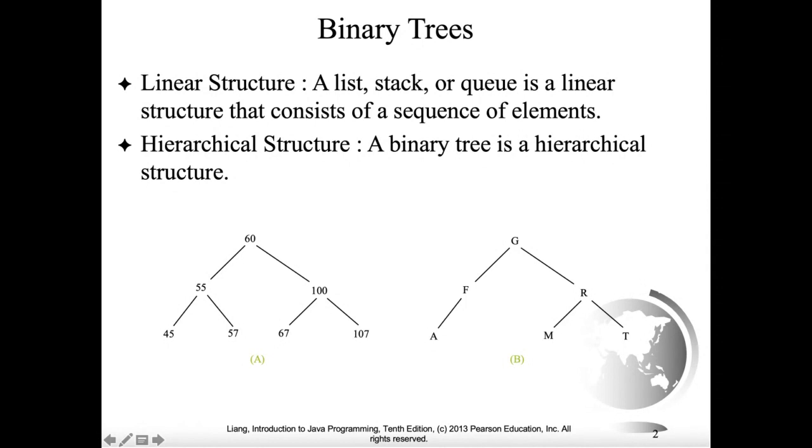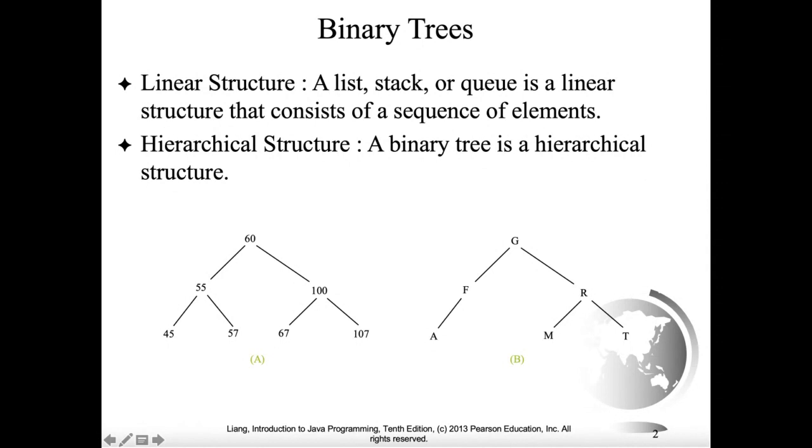So in computer science, when we're talking about the tree, we're mainly talking about an abstract data type that we're trying to represent or simulate as a data structure that looks like a tree.